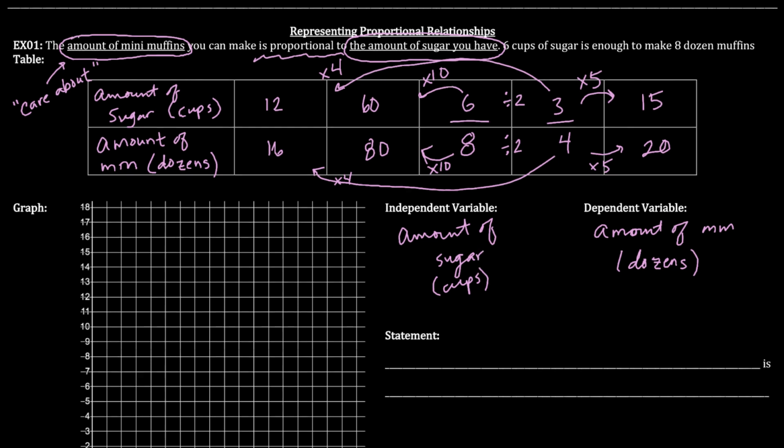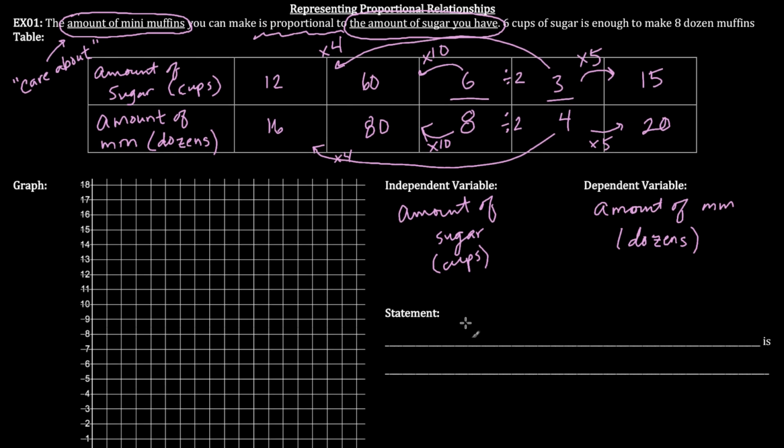And let's go ahead and write our statement. So our proportional statement: the amount of mini muffins is proportional to the amount of sugar.